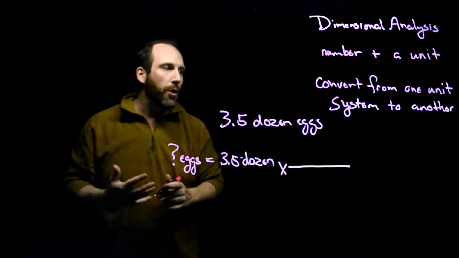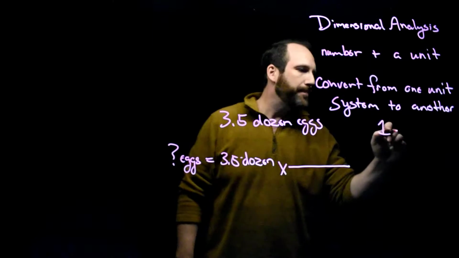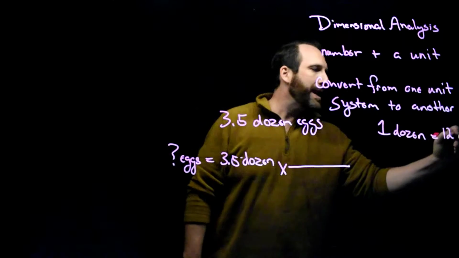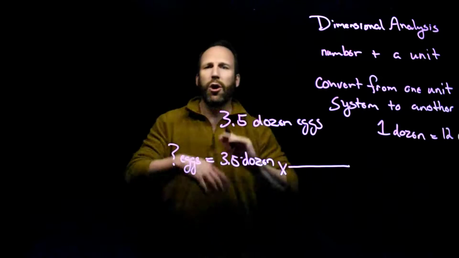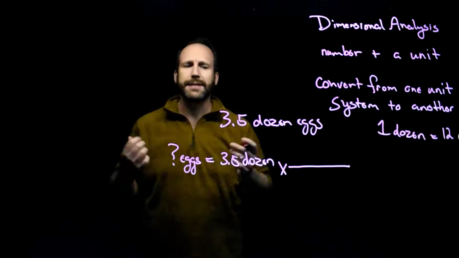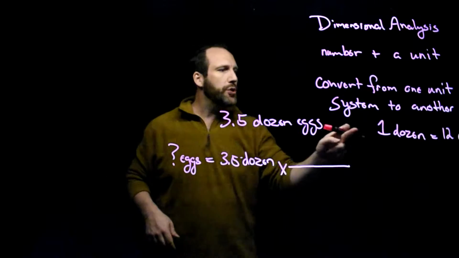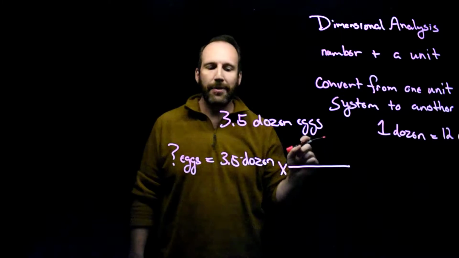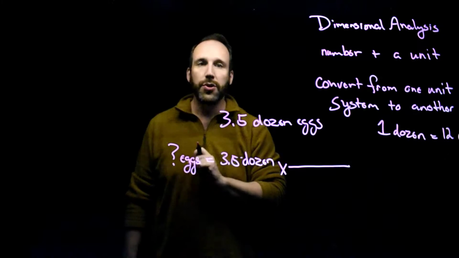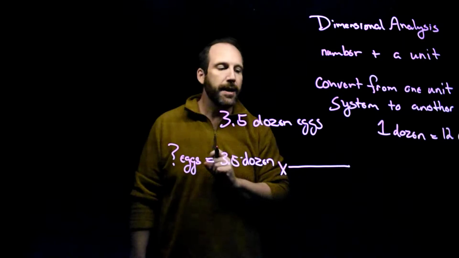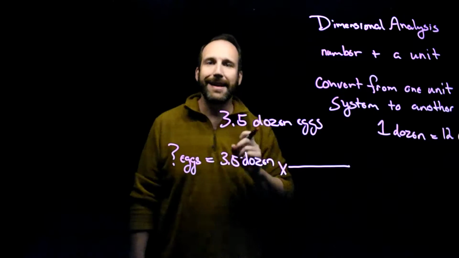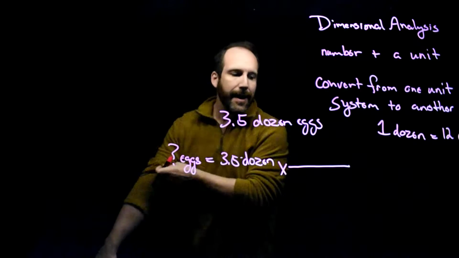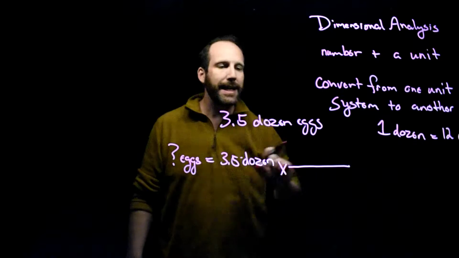Well, we all know that 1 dozen is equal to 12 eggs, right? We've just agreed that there are 12 in a dozen, right? Well, we can use this idea, this fact, in order to allow us to convert from dozen to the number of eggs, okay? So we're going to turn this equality into a conversion factor. And the way that we're going to do that is to take this and put it into this fraction.